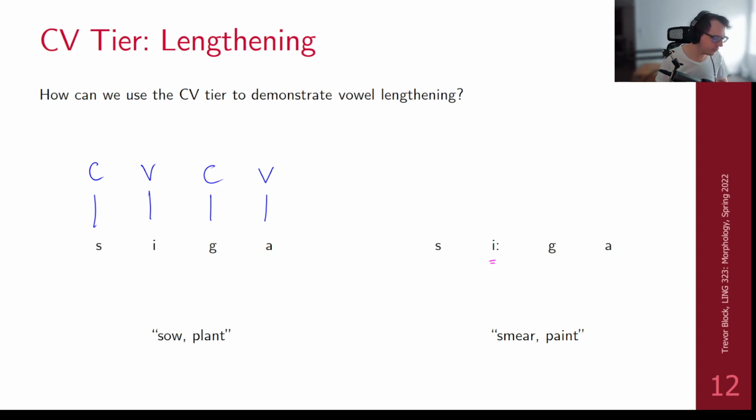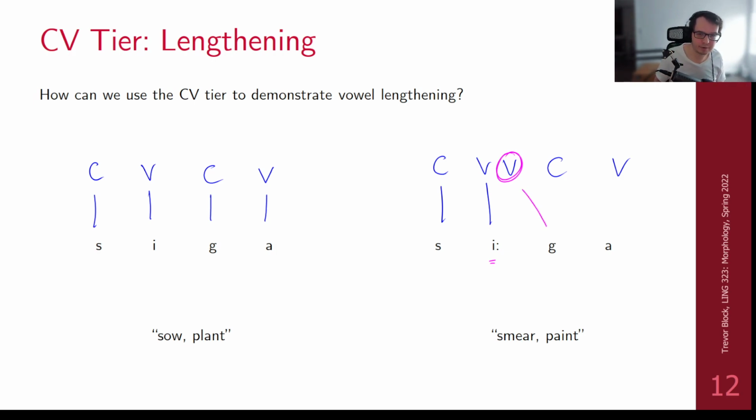But what about this case with smear or paint with a long E? This is actually not the same CV template. Instead, this is a CVV, CV template. So we have a double vowel there. Now, when we try to link these up, what happens? Well, we get the V to the E, and suddenly this V needs to attach to the next thing.